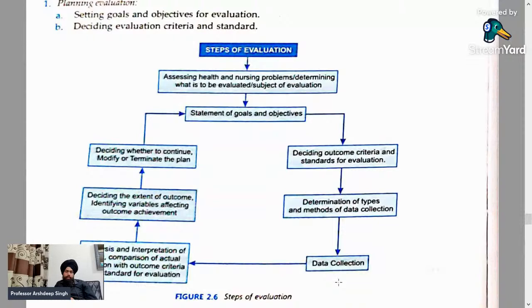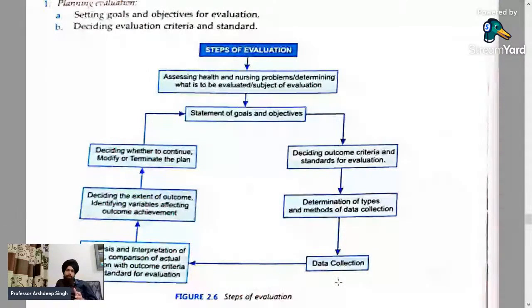Okay, so you will collect the data, then analysis and interpretation of that data should be there, and deciding the extent of outcome, what you wanted to achieve and what you have achieved. If you have not achieved the specific objectives that you wanted to achieve, then the result is that your nursing process needs to be modified and implemented in a modified manner, because you have not achieved the set objectives.